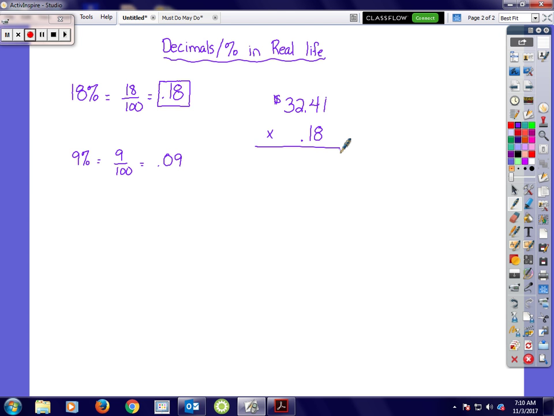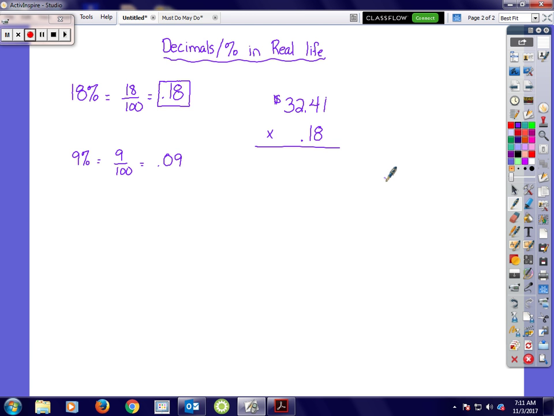Now remember, with multiplying decimals, because I'm not multiplying by a whole number, the answer is going to be much less than $32. Because remember, $32.41 times 1 whole is $32.41. Well, I'm only multiplying it by 18 hundredths, so I'm way off from 1 whole.